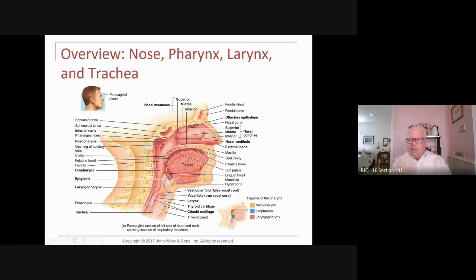I take that as a no. Okay? The epiglottis is a fold of tissue that when you are eating, it closes over the trachea so that you don't get any food or water into your lungs. It's a very important structure.